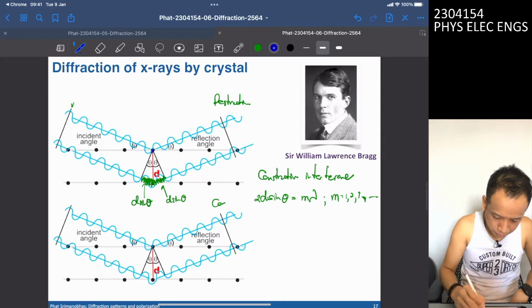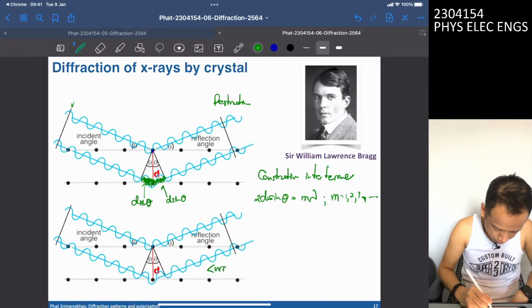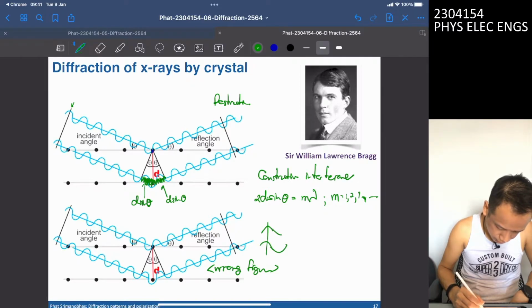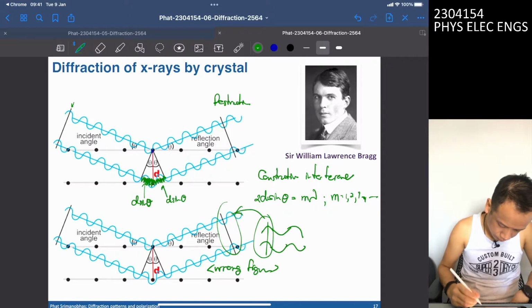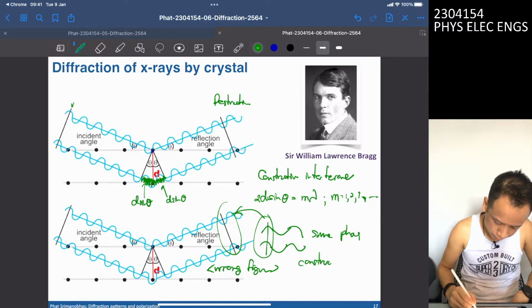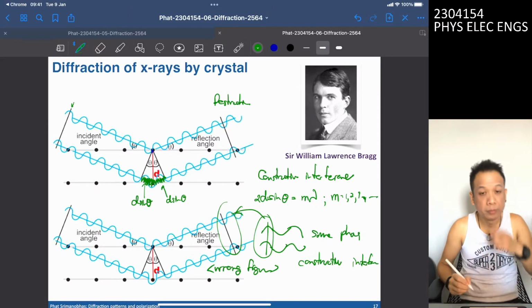Maybe I'll just note that this is the wrong figure. It needs to go out with the same phase, so it creates the constructive interference.